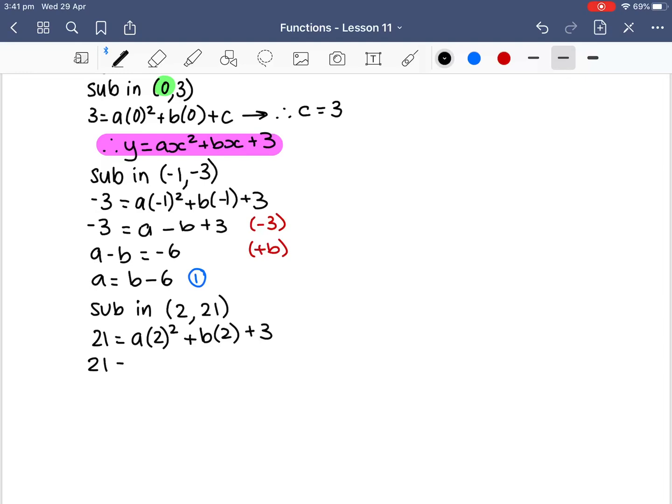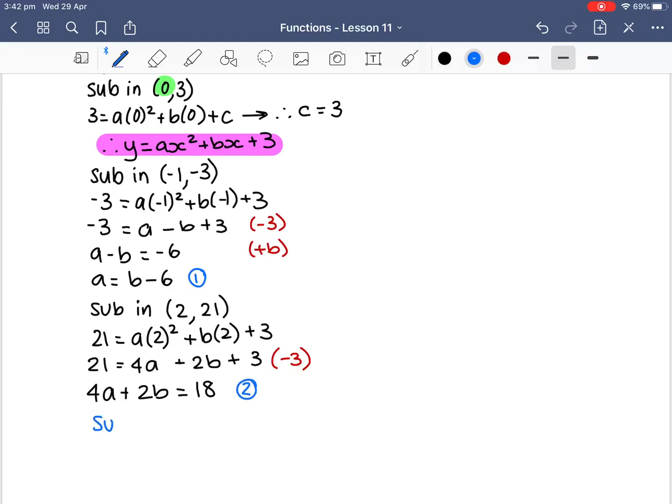So we get 21 equals 4a plus 2b plus 3. We subtract 3 from both sides and rewrite our equation with our pronumerals on the left hand side. So it will be 4a plus 2b equals 18, and we're going to call this equation 2. Now we have our two equations.